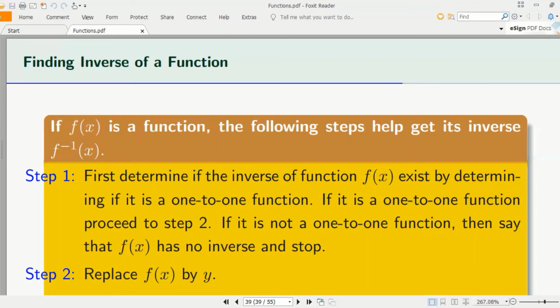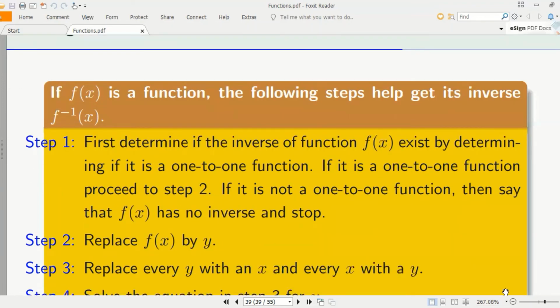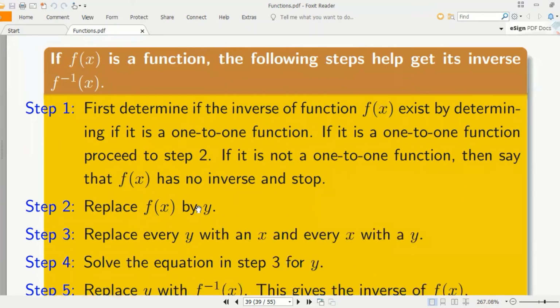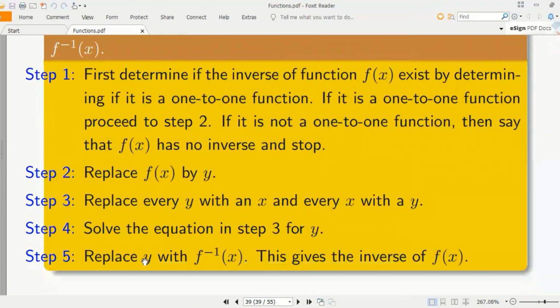Step 2 says to replace f of x by y. Then step 3 says that where there is a y, write an x, and where there is an x, write a y. Replace every y with an x and every x with a y. Then you proceed to step 4, where you solve the equation in step 3 for y.